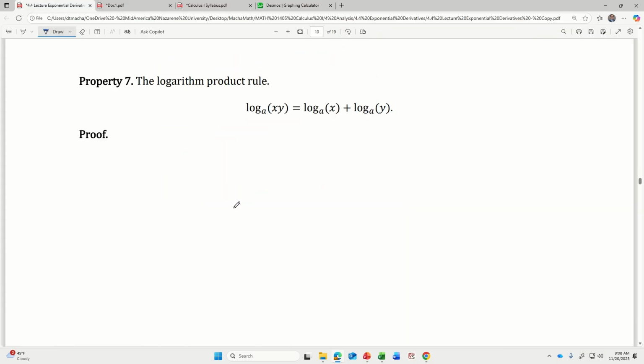The logarithm product rule. So what if I have this? Hopefully we can all agree that x times y is equal to x times y, right? If we can all agree that xy is equal to xy, then on the left side, let's take the logarithm base a of x times y.